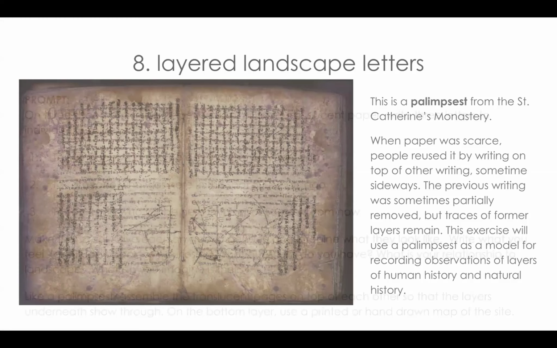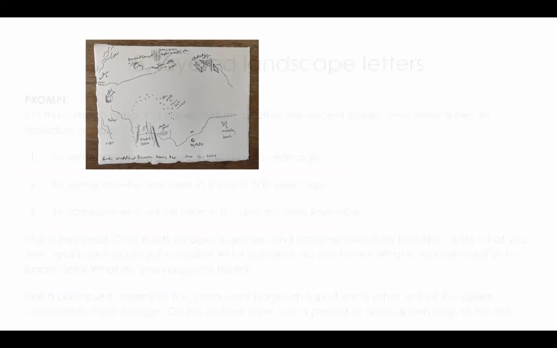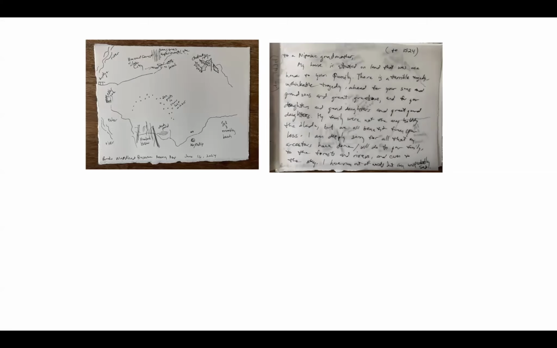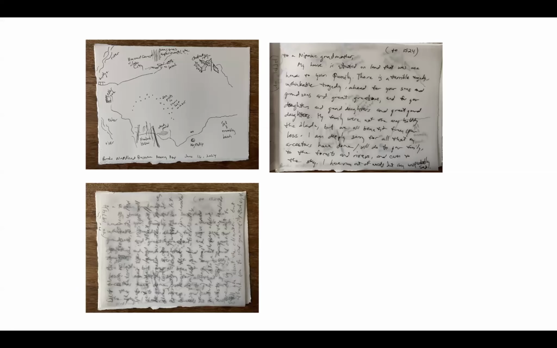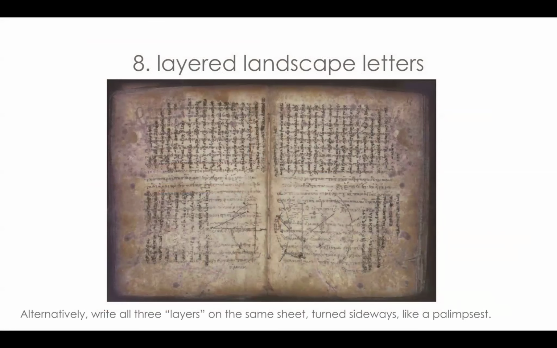So this is taken from a palimpsest: I made a map where the first layer is a map and the next layer is a letter to someone who was here 500 years ago, someone who was here 50 years ago, and someone who will be here in the future. You might also do it where you're literally writing on the same thing.